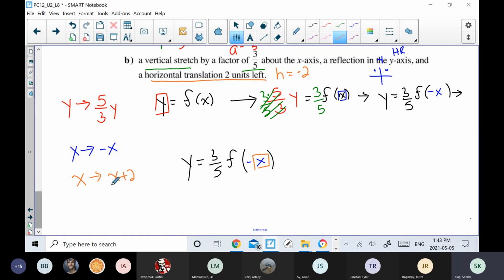This I'm going to put in a bracket. So watch why I would put in a bracket. Y is equal to 3/5 f of, I'm going to put that negative, and then I'm going to take this x out, and I'm going to put in an x plus 2. Okay, so I would get this.